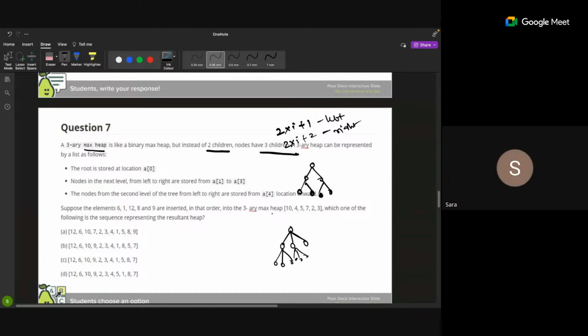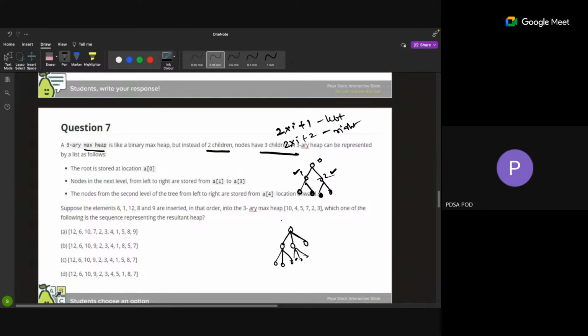For example, this is the 0th index, first index, second index. In the heap it is a list of values. To find the left of the root: 2 into I, where I is 0, that is 0 plus 1, which is 1. This is the left.